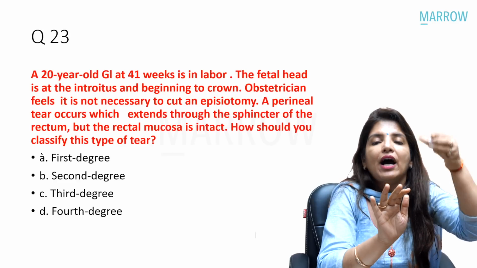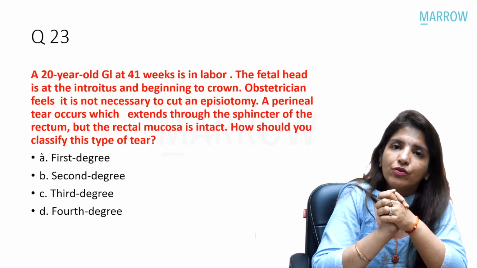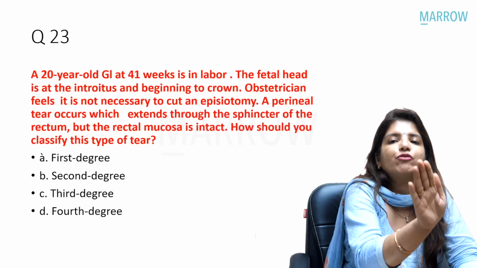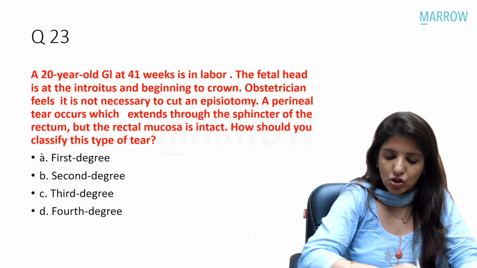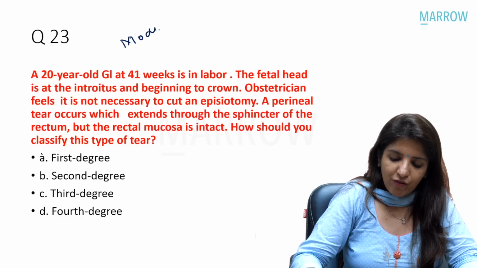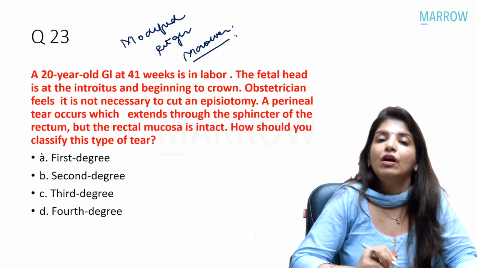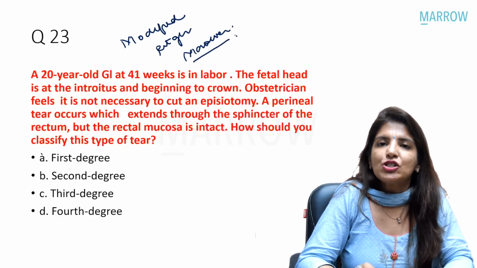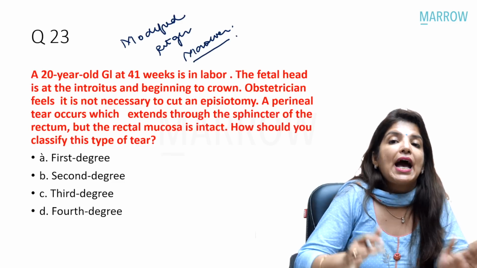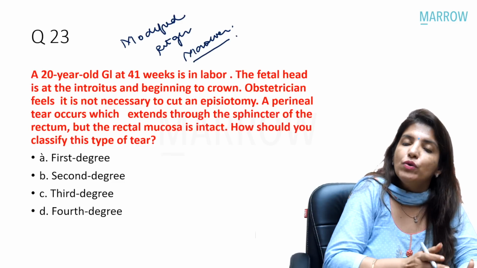So with one hand, I have to do a controlled delivery of the head of the fetus, and with the second hand, I have to support the perineum. This is what is called as modified Ritgen maneuver. Right? So this is the best method of preventing perineal tear as advised by WHO.